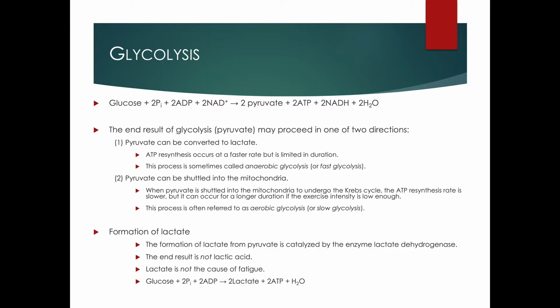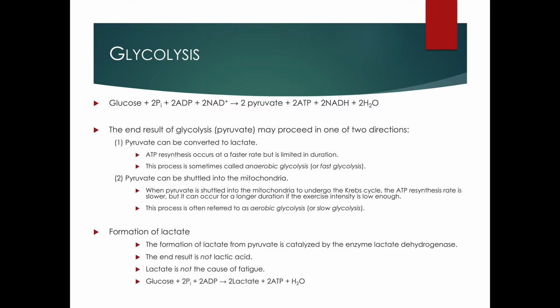So that's how we start to get a lot of ATP being produced: having the pyruvate converted into acetyl-CoA in the mitochondria, and from there it goes through oxidative phosphorylation. Here's where they say the process is referred to as aerobic glycolysis or slow glycolysis, and that's a term I don't like using, because once you've gone into the Krebs cycle, you're now in oxidative phosphorylation at that point. So I don't like using those terms.